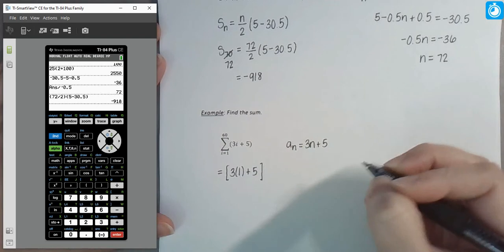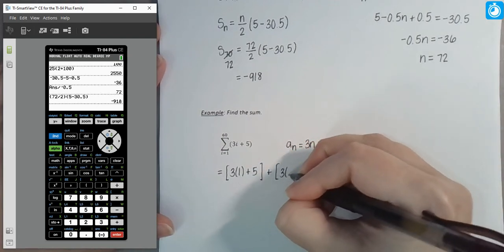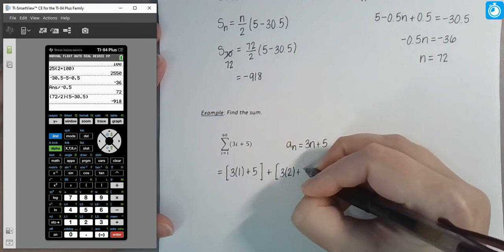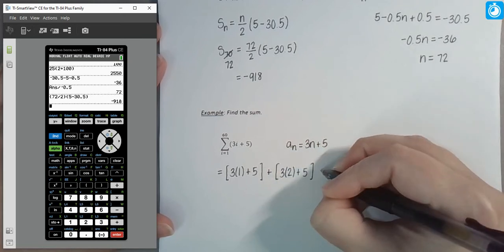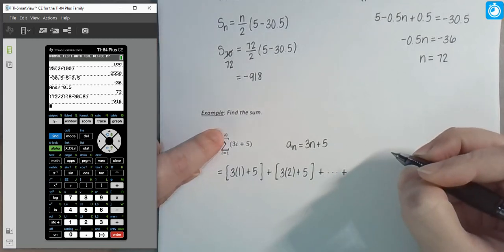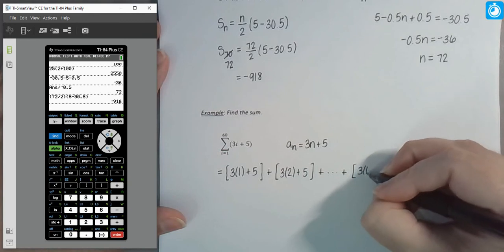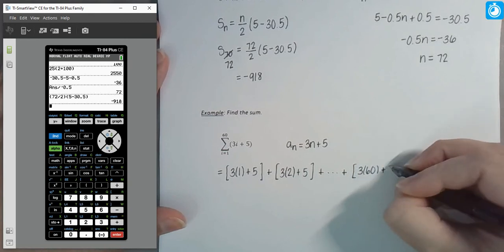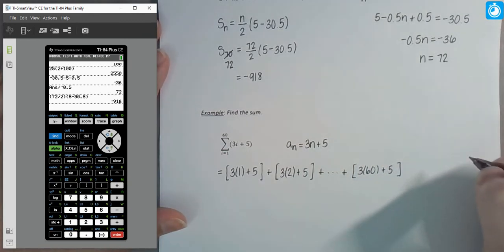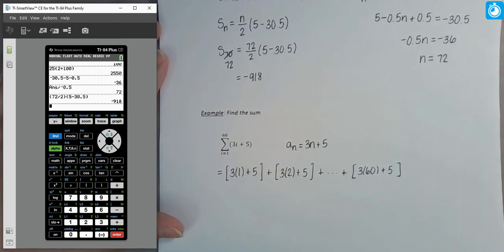We've got 3 times 1 plus 5, plus 3 times 2 plus 5, plus dot dot dot all the way out to the 60th term, which would be 3 times 60 plus 5. Well, you'll notice all of these are going to be positive numbers, so we're adding up bigger and bigger positive numbers. So this sum is going to be pretty large.